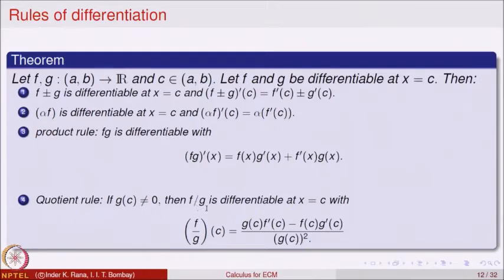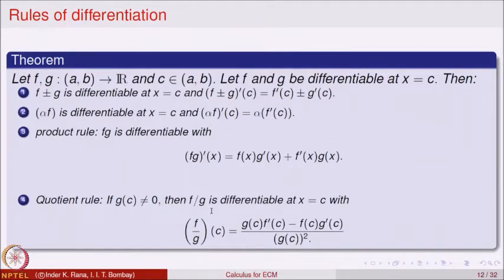Then f over g is defined in a neighborhood of c, which we are not stating here, but it is a consequence, because for differentiability of a function, the function should be defined in a neighborhood, otherwise you cannot look at the increment f(c+h) and so on.